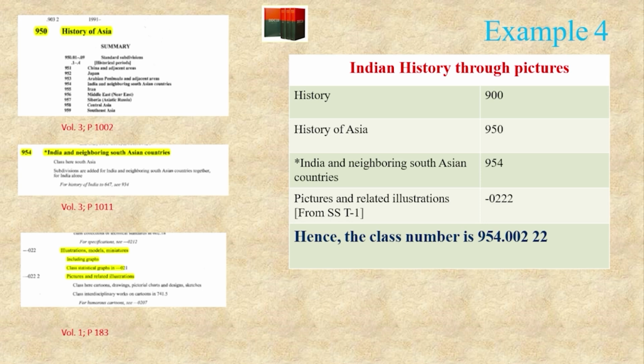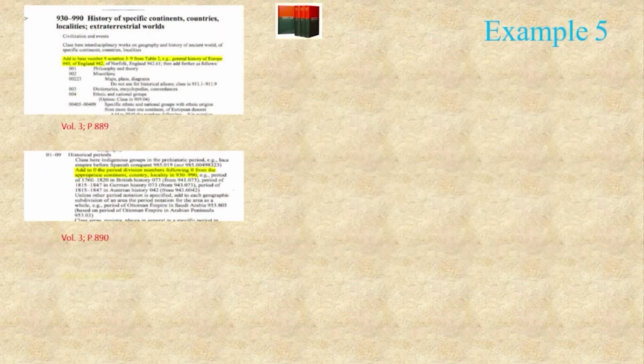The instruction states: add to base number 9 notation 3 to 9 from table 2, then add further as follows 005-006 for special subdivisions. So in this case, you have to add another 0, as the schedule already instructs. Hence the class number is 954.00222. Now come to the next example.